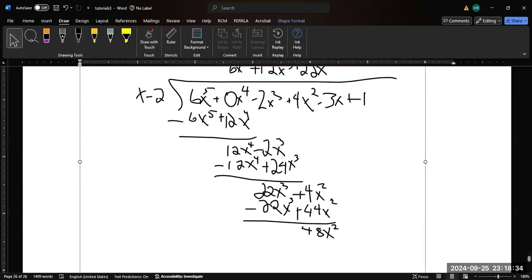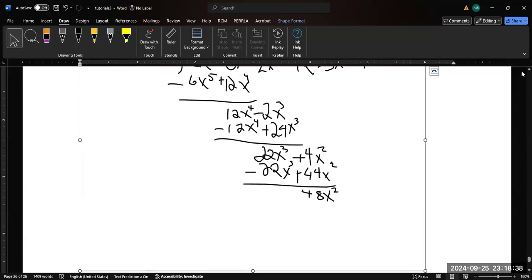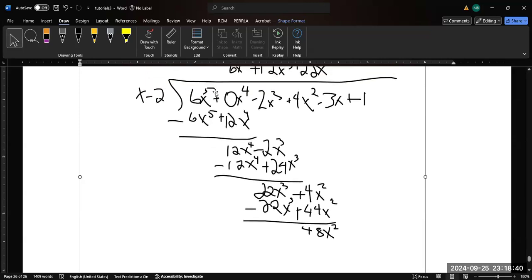Bring this down because I need more space. Bring down my next term. And then again, I divide leading term by leading term.